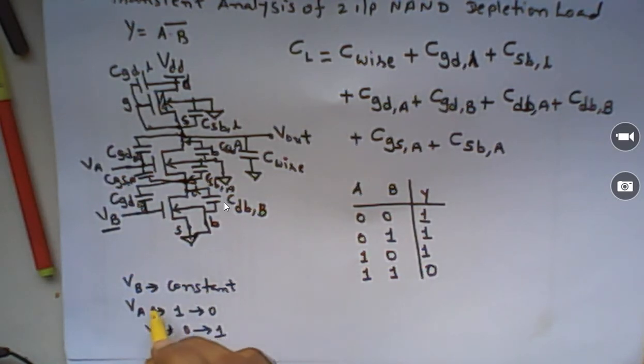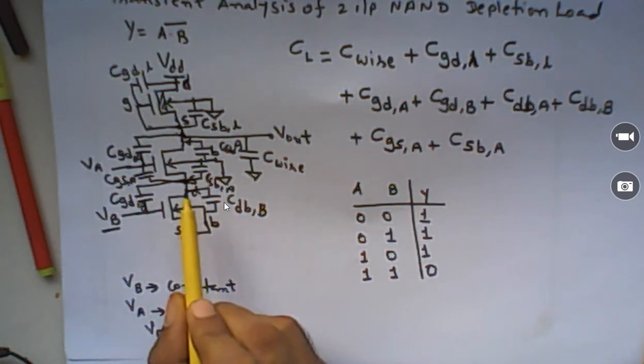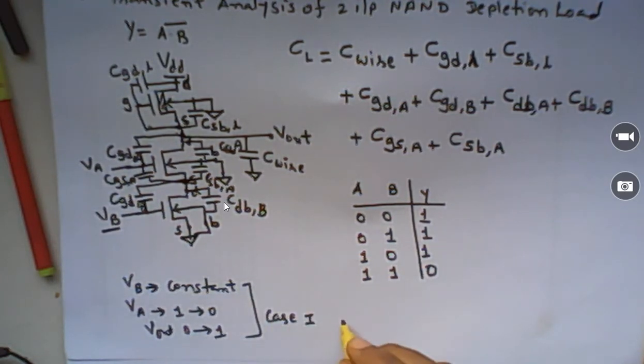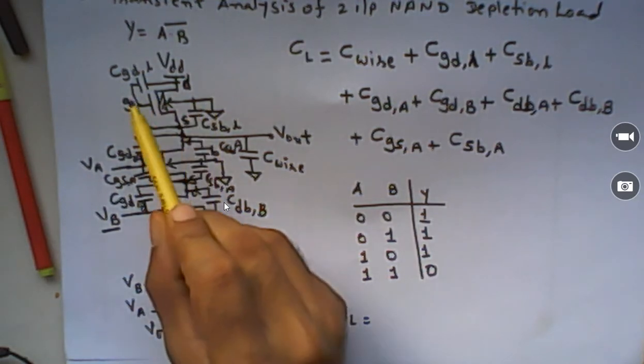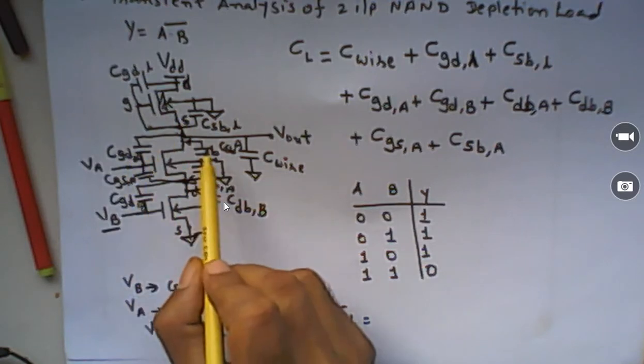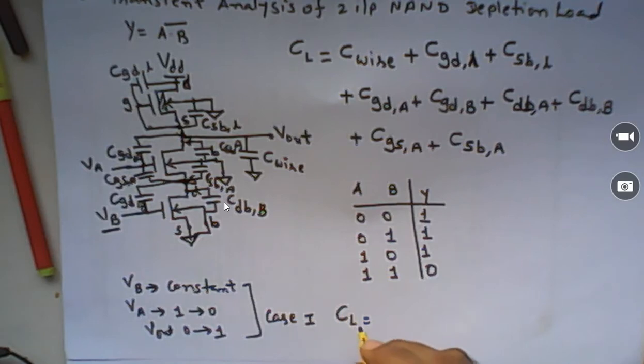Since VB is constant, in case 1 the capacitances that come into the picture are only these two load device capacitances and this driver device capacitance.